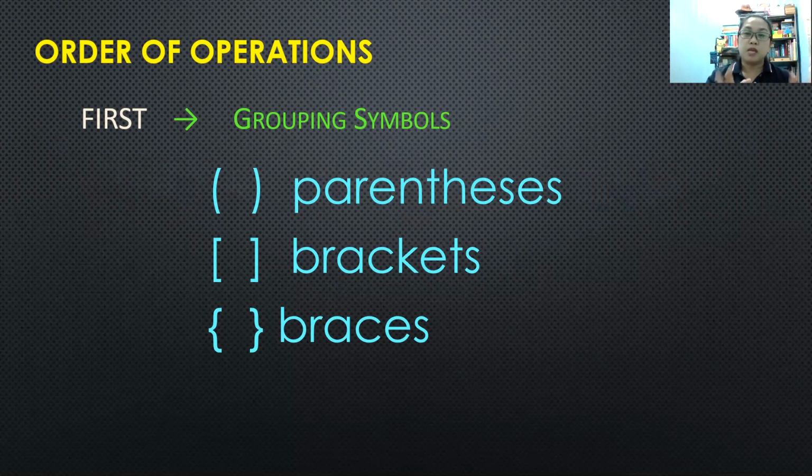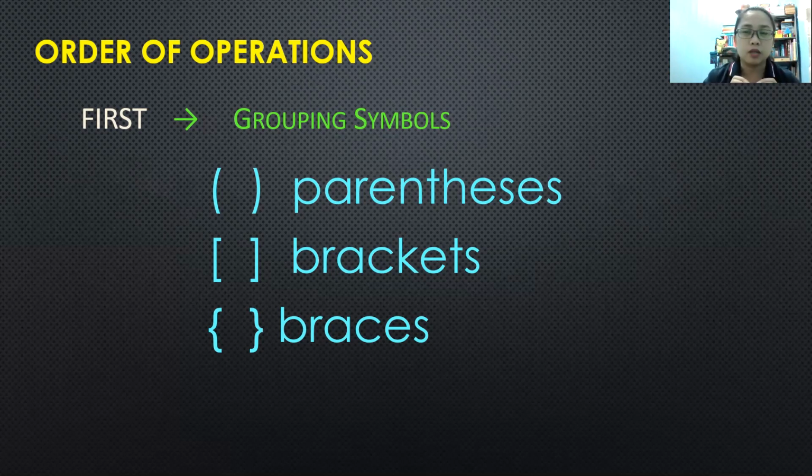These grouping symbols enclose operations. Okay, kahit na alin doon sa apat na operation. Pwedeng addition, subtraction, multiplication, division, and even repeated multiplication. Pwede yan. Kinukulong yan doon sa loob ng parenthesis.